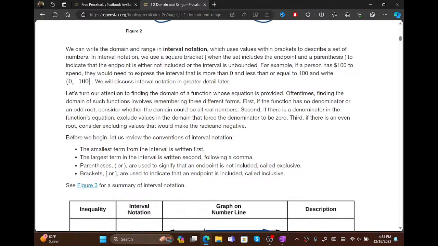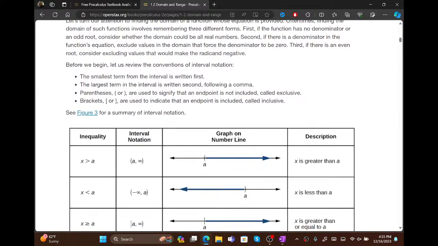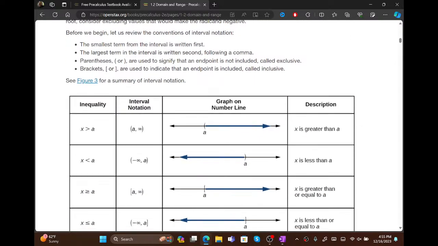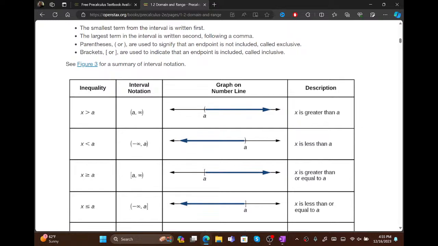We will go over these things in a minute. Third, if there is an even root, consider excluding values that would make the radicand negative. So these are just in words what they're trying to talk about, but again, I'm going to explain what those things mean as we go along this section.